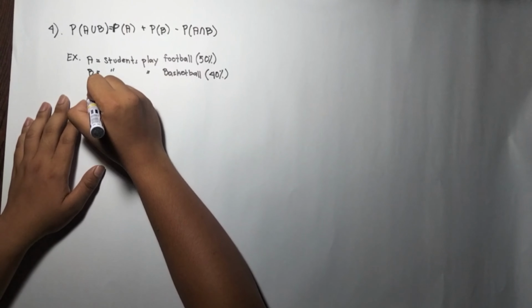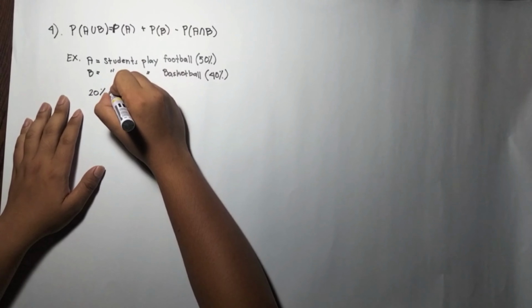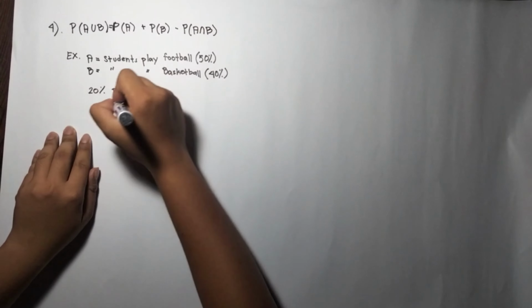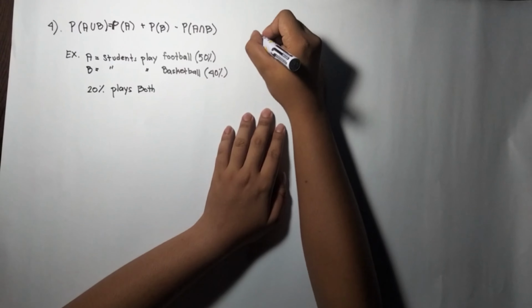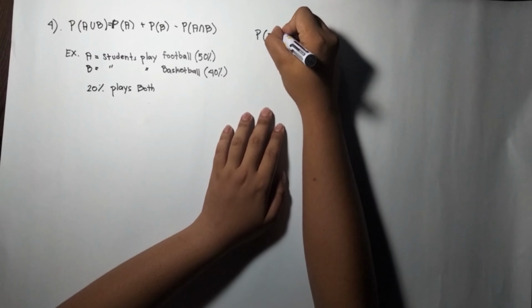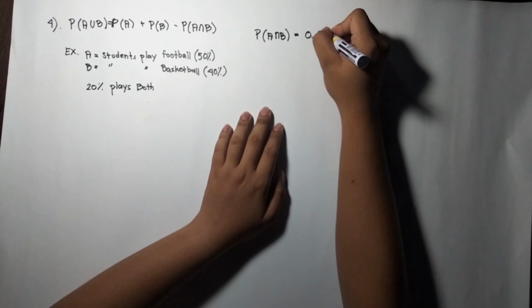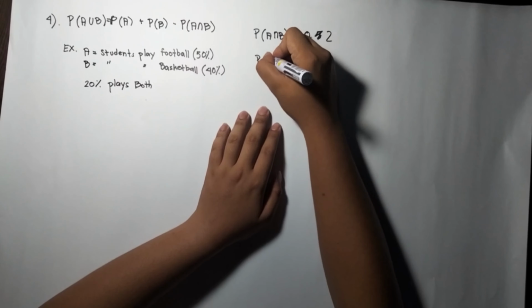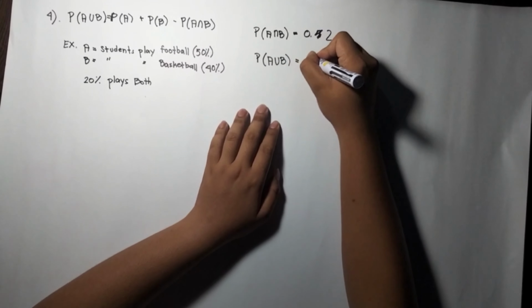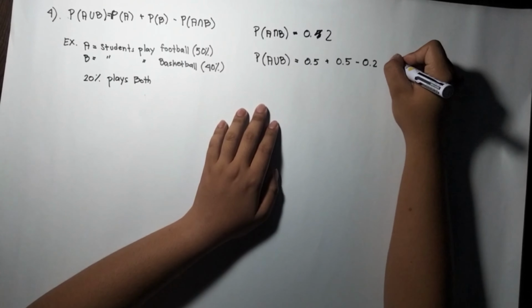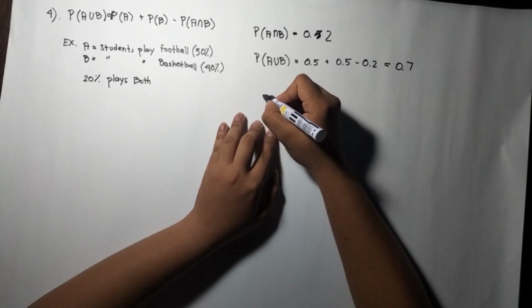Now let's substitute all variables into the equation, which gives the probability of A union B is equal to 0.5 plus 0.4 minus 0.2, which is equivalent to 0.7. So this means that 70 students play either or both sports.